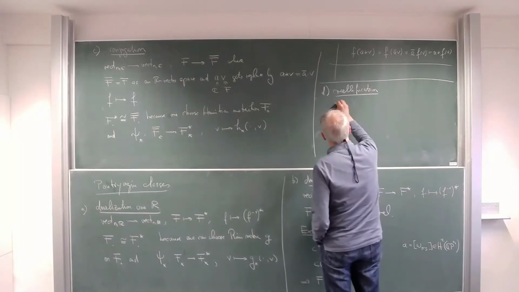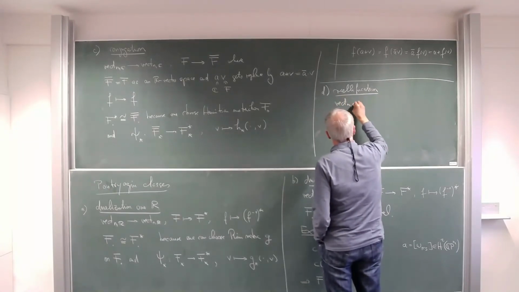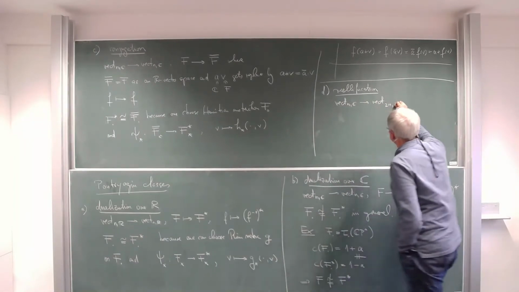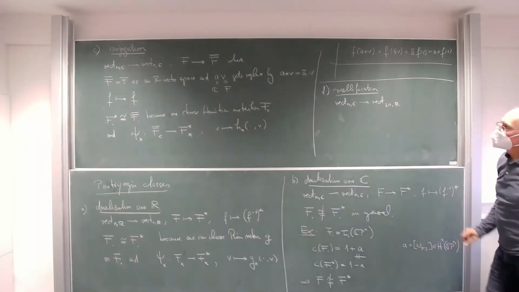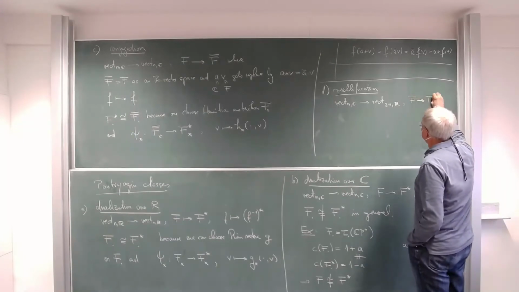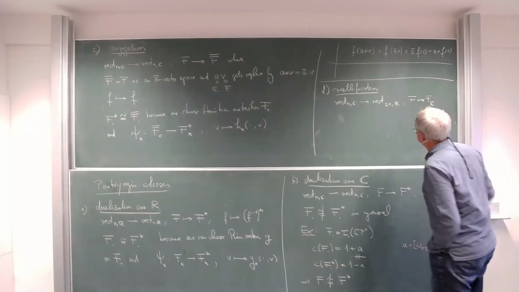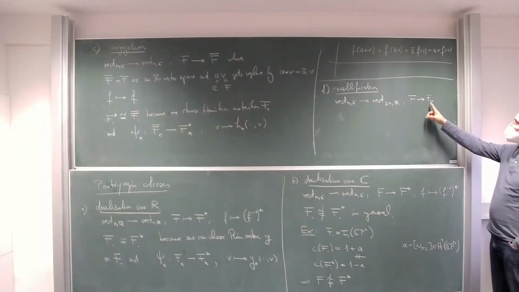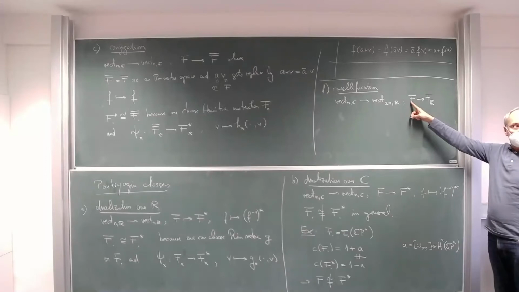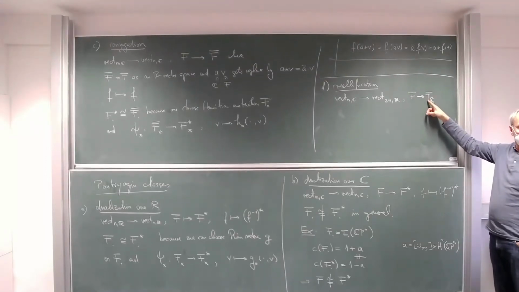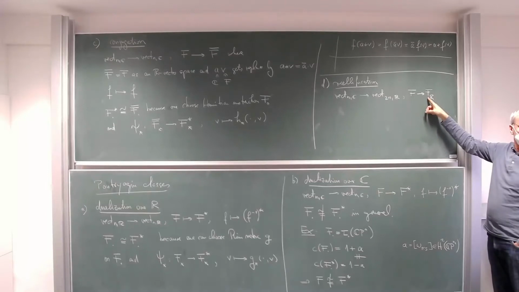So this is a functor from complex spaces to real spaces of twice the dimension, where F gets mapped to F R, and in fact, this is exactly the same thing as that one, as a set and also as a real vector space, and we just forget the complex multiplication.